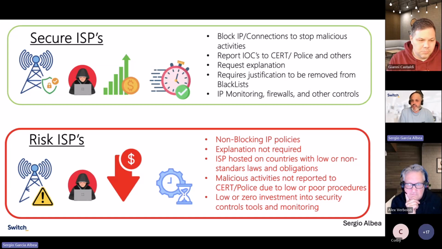Depending on the country, every country has different laws. Every country has different legislation. So it could be that a user, or a student as I said at the beginning, connecting to an ISP in China will not have the same security as if they are connected in some less targeted, less risky country.